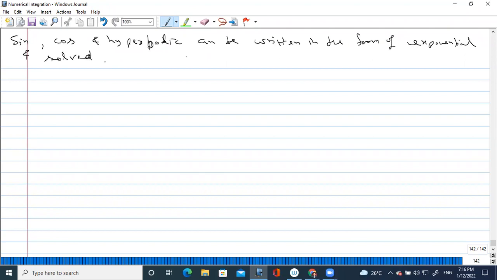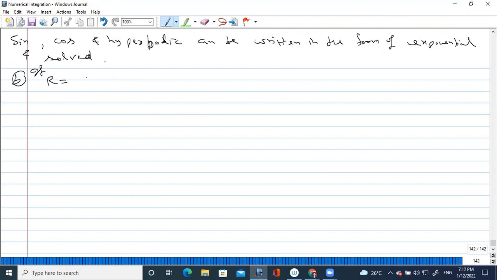So this also can be done. But sometimes it becomes lengthy, so we can also remember the direct formula if sine or cos is there. Otherwise, this is also the method. You can convert that into an exponential term, and the exponential method we have learned. So you can do that, or do it directly. That will save your time.